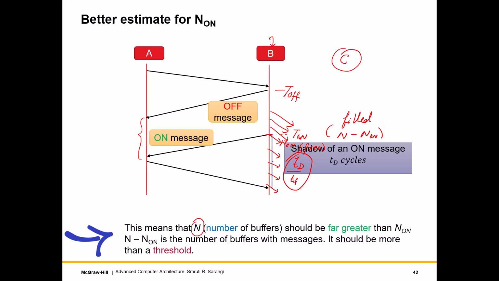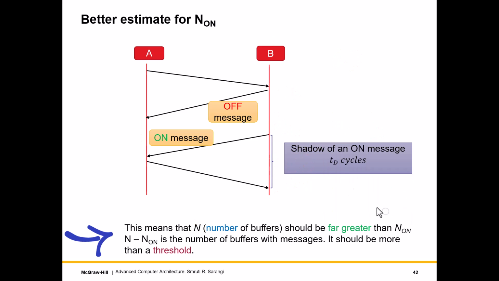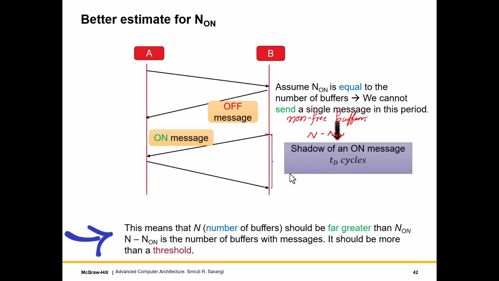So if I were to clean up the screen, in the shadow of an on message, which is this period of TD cycles, I would not like to be idle, which means that the number of filled buffers, which is equal to n minus n on, should be more than TD by TF.